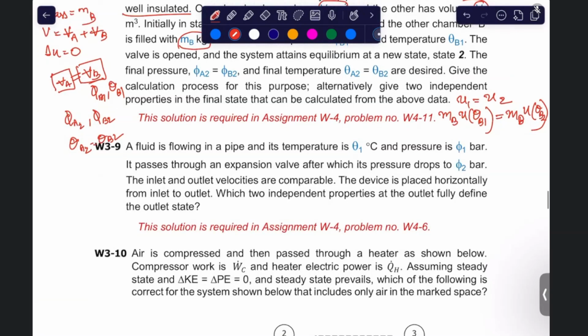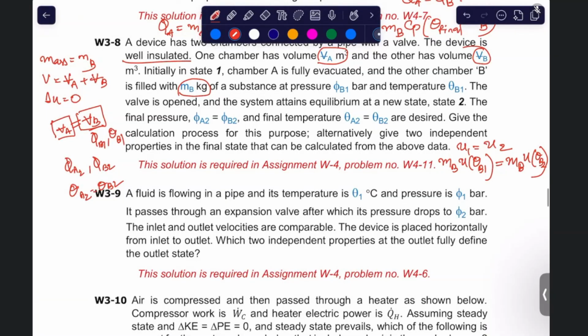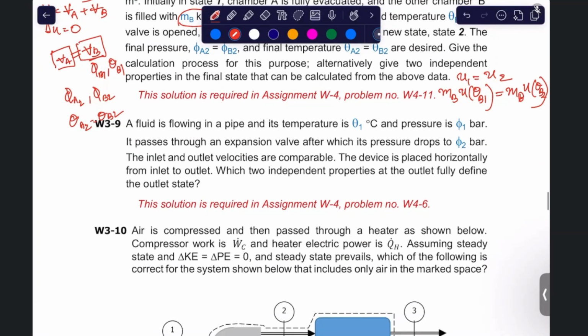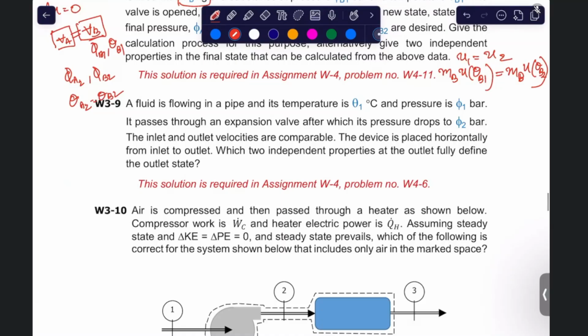So this is the expression for calculating the properties. If you know theta B1, then we can find theta B2. Then from the PVT relationship, you can find pA1 and pA2, etc. Ideal gas law, we can find pressure.